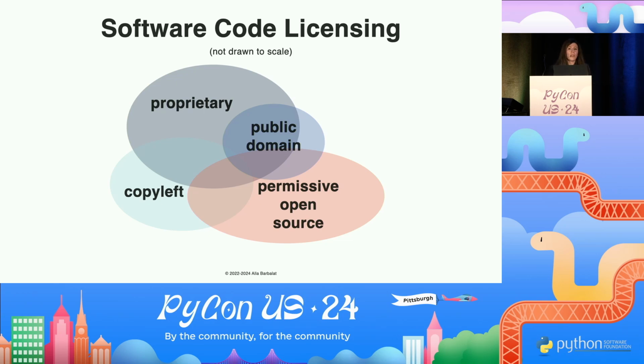And when we think about open source licenses, we need to remember that they still rely on copyright. You don't have any rights under your licenses unless you have that initial ability to copyright. So if there were no copyrights available to you, you wouldn't be able to attach open source licenses to your code. So with that in mind, we can start by talking a little bit about permissive open source licenses.